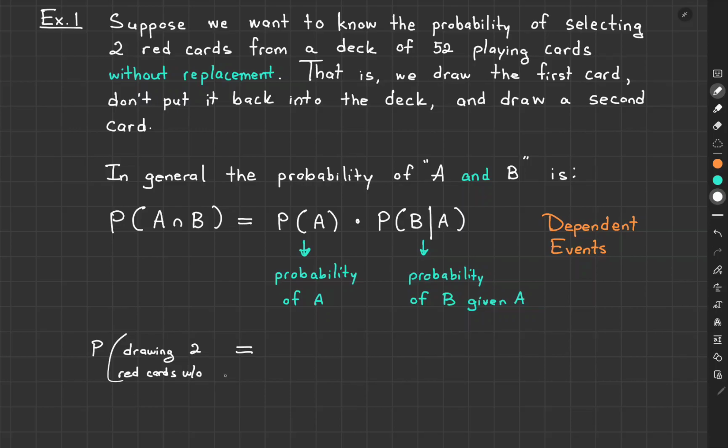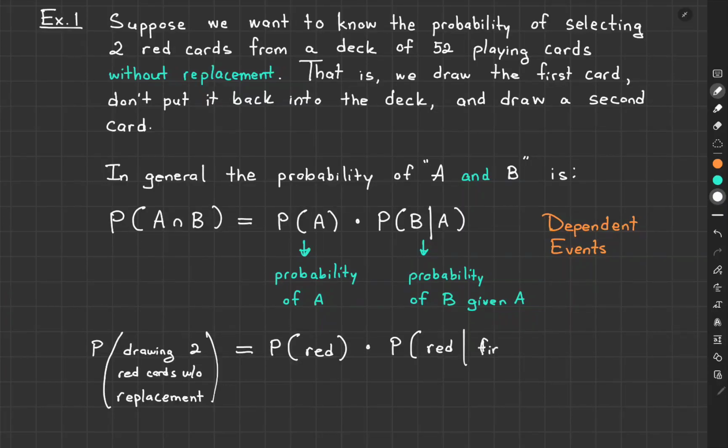First we're going to calculate the probability of selecting a red card, and then we're going to calculate the probability of selecting a red card given that the first card was red.